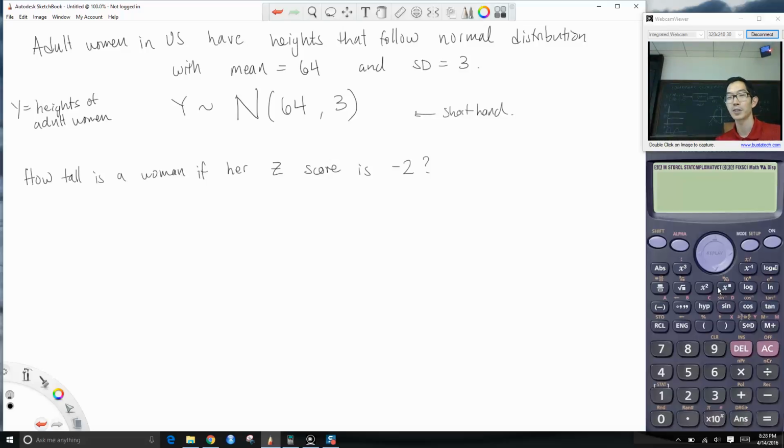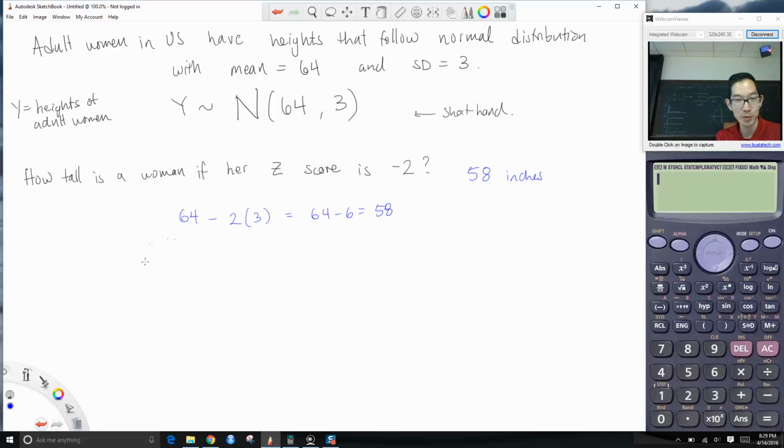Yeah. So our answer would be 58 inches, right? There's a couple ways you could have done this. One is you could have said, if the mean is 64 and this person is 2 standard deviations below the mean, we can say -2 times 3, and then you get 64 minus 6, and you get 58.